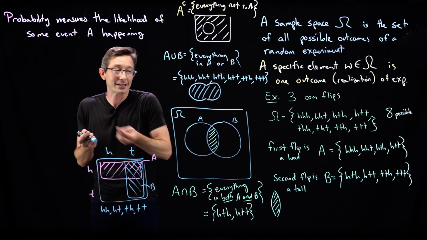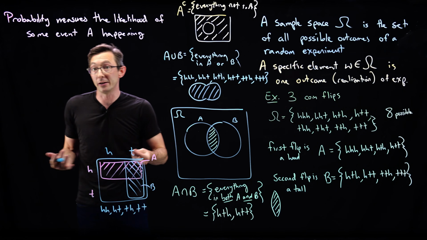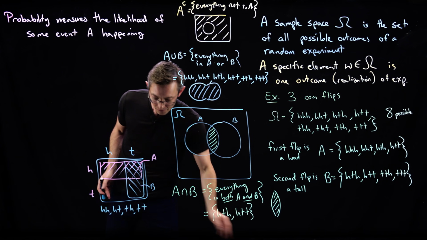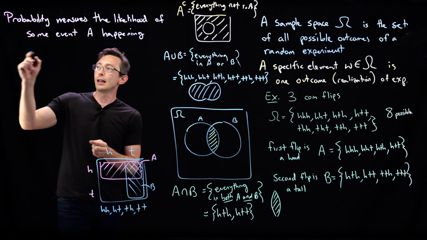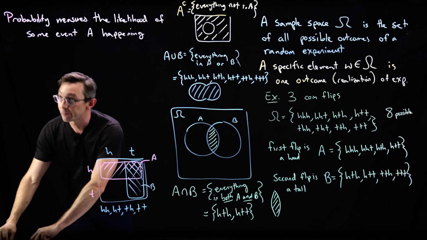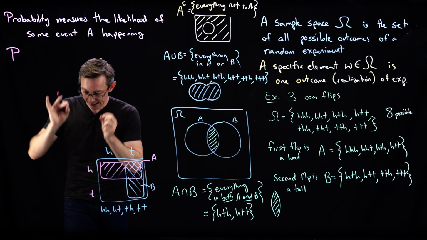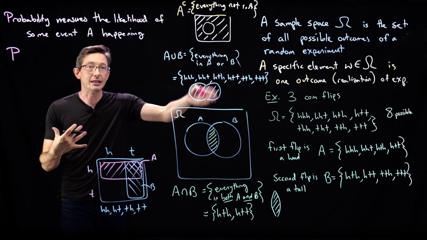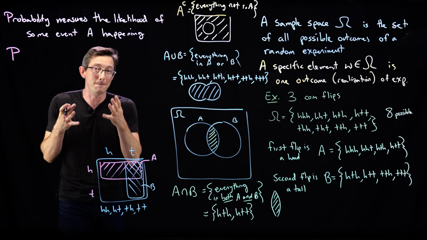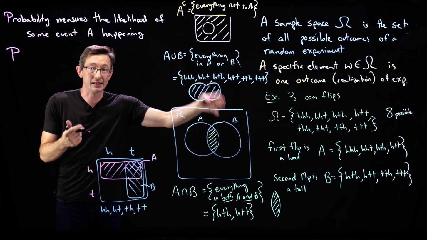I'd have to weight those by their likelihood, by their probability. So a probability is actually a measure. So this probability P is specifically a measure on these subsets. It says how likely is a given subset.